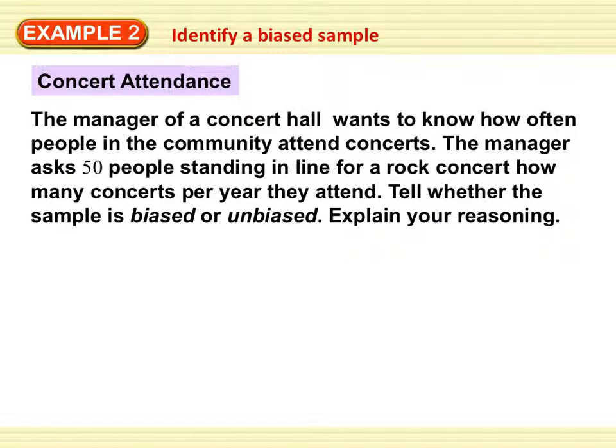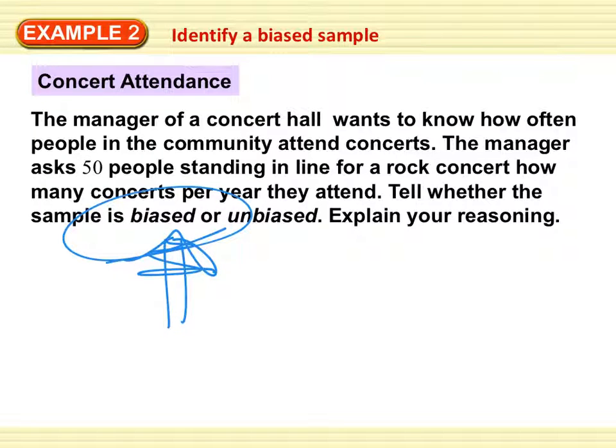Concert attendance. The manager of a concert hall wants to know how often people in the community attend concerts. The manager asks 50 people standing in line for a rock concert how many concerts per year they attend. Tell whether your sample is biased or unbiased. Explain your reasoning. I would say that is definitely biased because they're standing in line for a concert.